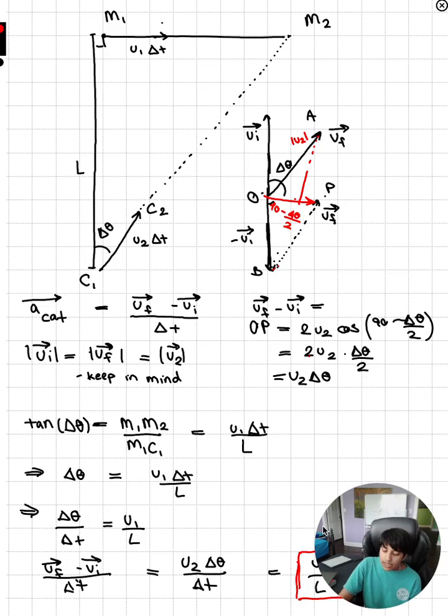We can see in this problem that tangent of del theta equals u1 del t divided by L. Now notice that these are both lengths, so we can just divide like that.